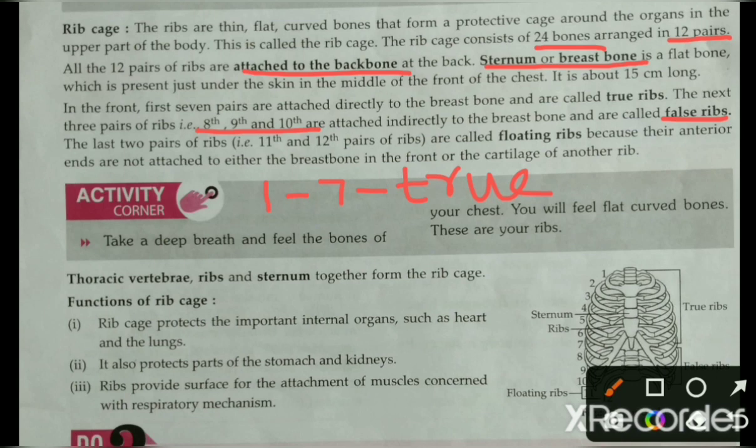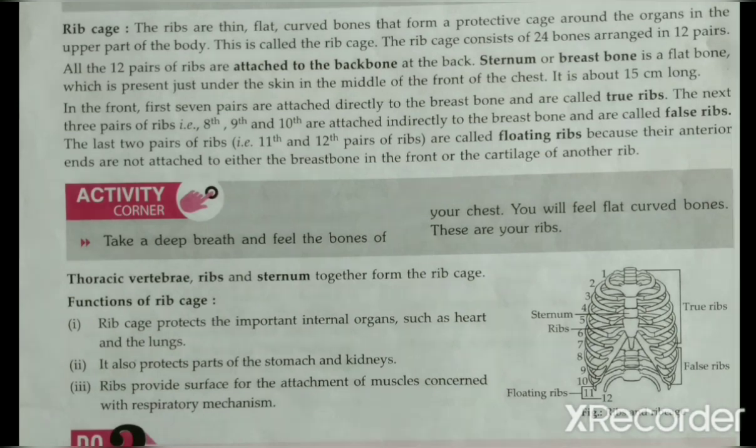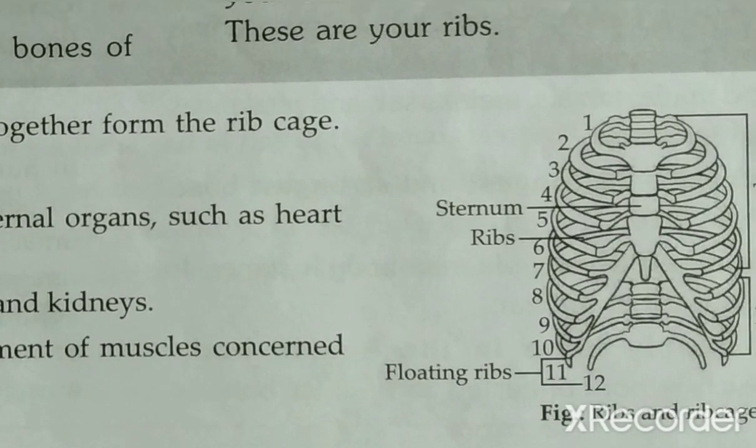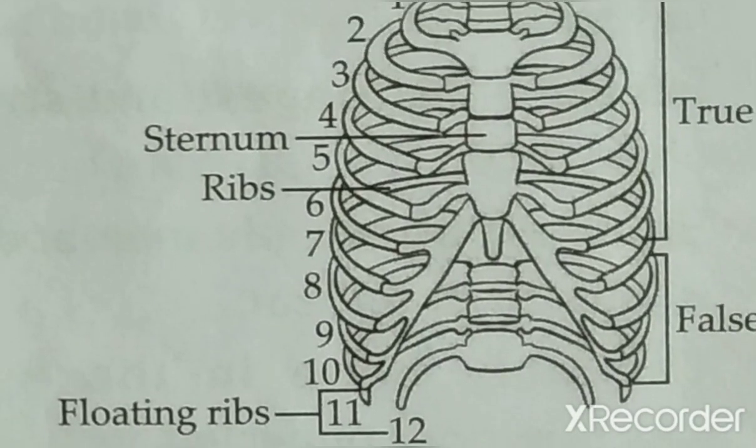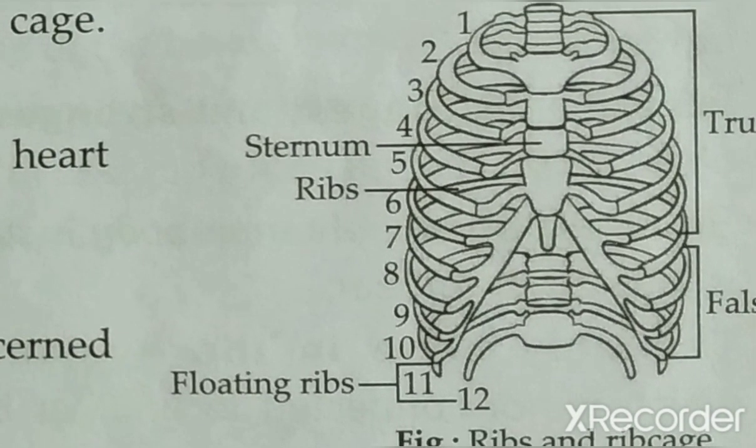Likewise, the last pair, 11 and 12, is not attached because their anterior ends are not attached either to the breastbone in the front or to the cartilage of another rib. So it is not attached at all. You can see it in the given picture. See here. The true ribs are attached to the sternum, but the false ribs are not attached directly to the sternum, they are indirectly attached.